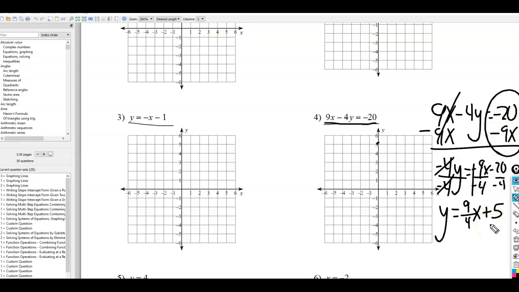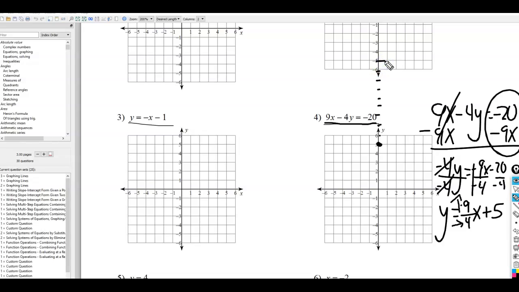So we would start at 5, and we would go up 9 and over 4. Now, this one's kind of a pain, because it says to go up 9 and over 4, but the problem is that I can't go up 9 because my graph runs out. Now, you have two options. Option 1 is just to make your own spaces if you want to. So up 9 would be 1, 2, 3, 4, 5, 6, 7, 8, 9. So it'd probably be somewhere up there.